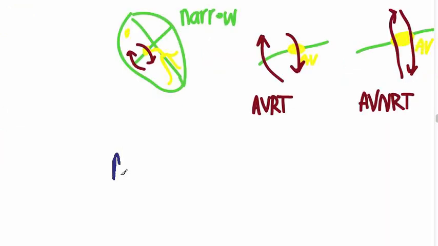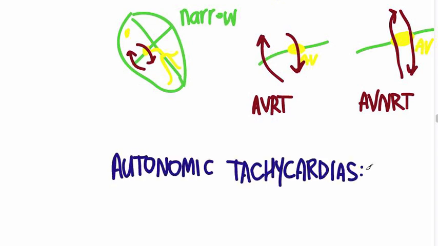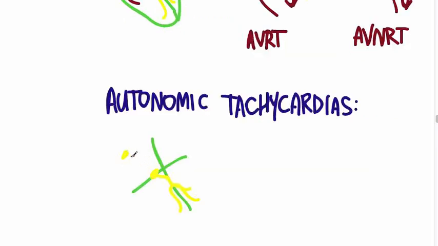The next kind of tachycardias we'll look at are the autonomic tachycardias. And these are ones in which there is not necessarily a cycle causing the tachycardia, but some autonomic tissue, pacemaker cells doing it. So again, the normal way that electrical activity would progress is it would start in the SA node, come down to the AV node, and then propagate through these.